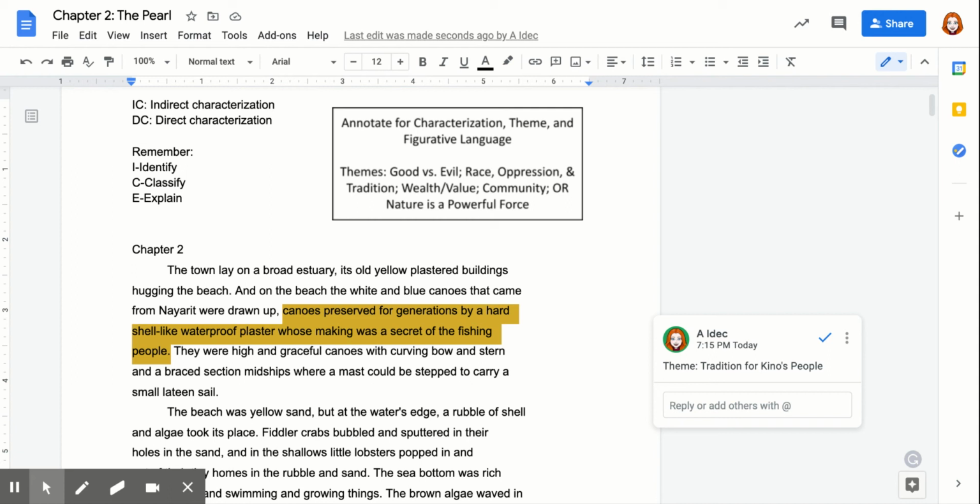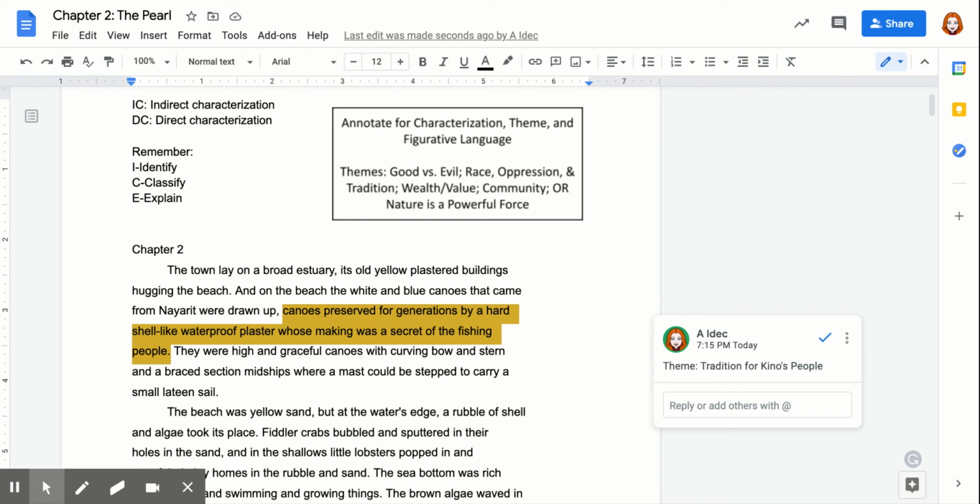All right. Now, as far as figurative language, remember figurative language are things like similes, metaphors, personification, imagery, right? Imagery is very descriptive language that appeals to the senses. It can be multiple senses, a few senses, or one.